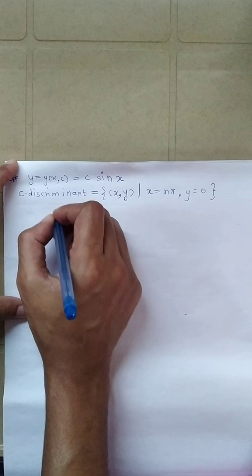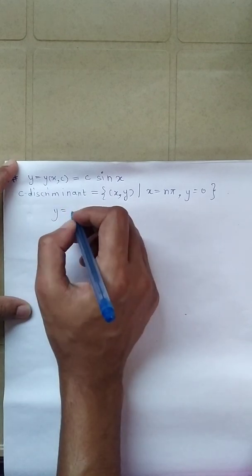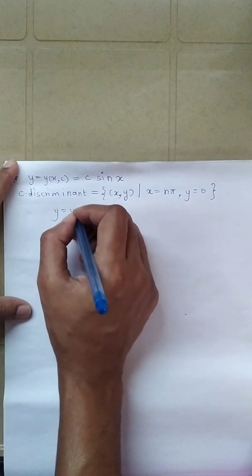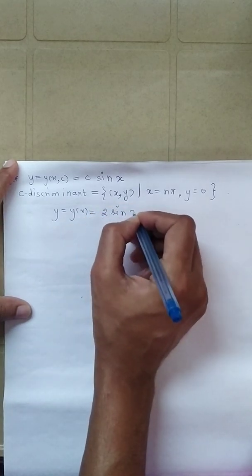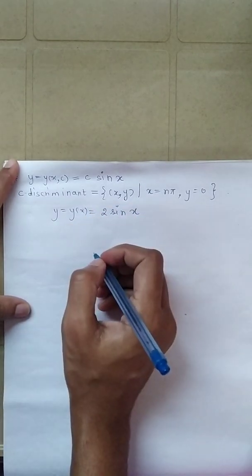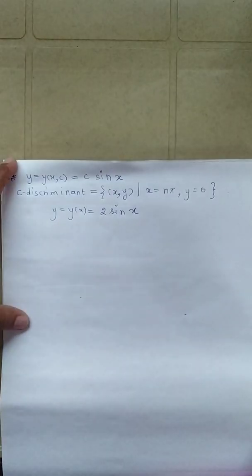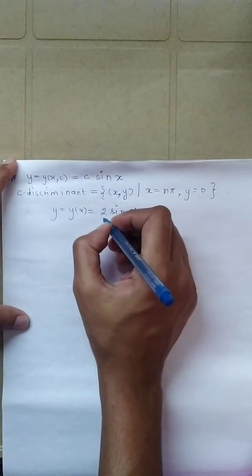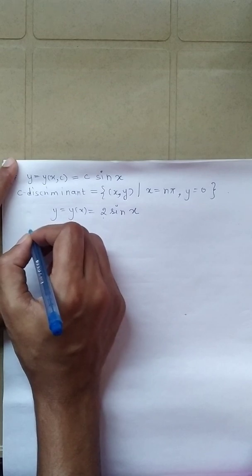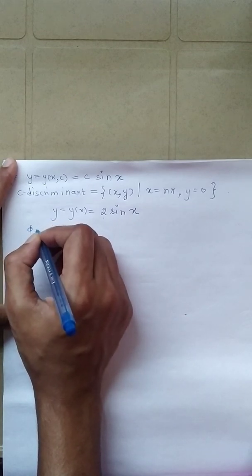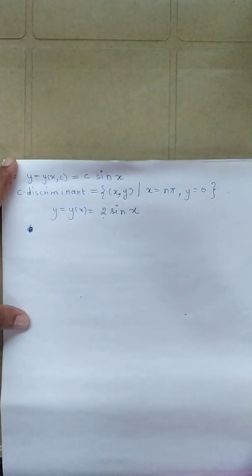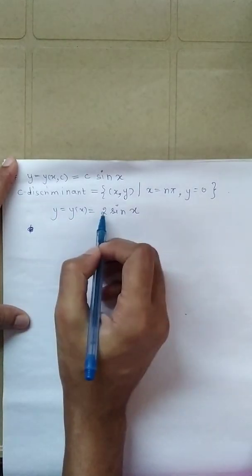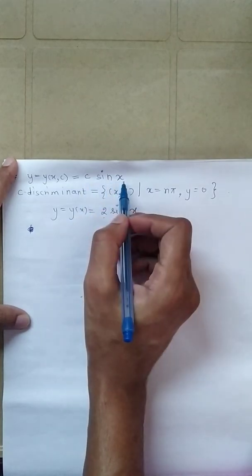And let us suppose y equal to y of x is 2 times sine of x. Therefore for a particular value of c, that means for c equal to 2, this y of x will belong to this family.